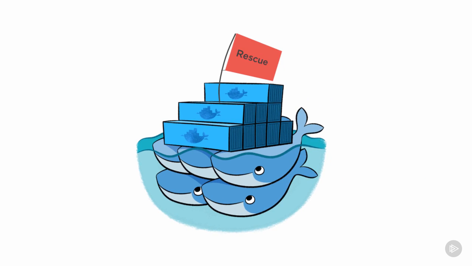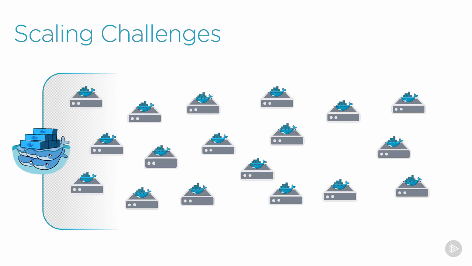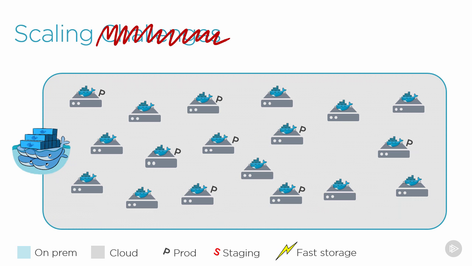Well, Docker Swarm to the rescue. So Swarm comes along, and it makes all of this look, feel and smell like one big, giant Docker host. And it's intelligent enough to know about things like attributes and metadata. So like, these are production, these are staging, these are on-prem, these are on the cloud, and these ones have the go faster storage stripes on the side.